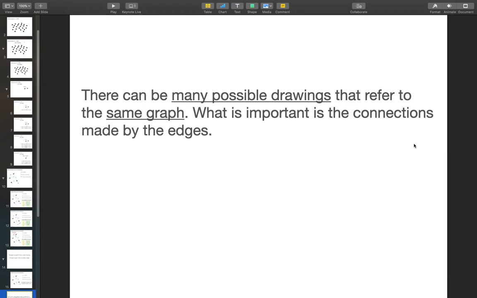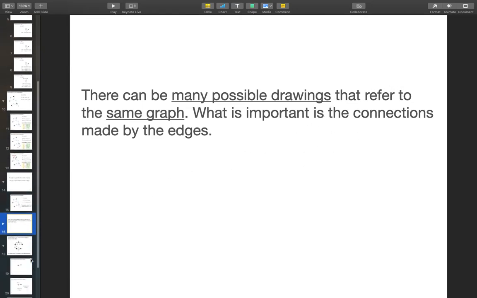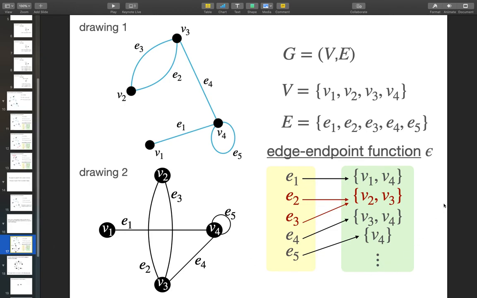Okay, ano namang sinasabi nito? There can be many possible drawings that refer to the same graph. What is important is the connections made by the edges. So, totoo naman to, no? Para ipakita natin kung anong sinasabi niyan, yan. Meron tayong isa pang drawing nitong graph described here.